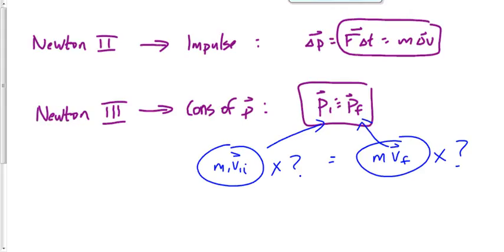Once you get to this point, except for the signs, positives and negatives, it's actually pretty easy. Remember I told you about that written response test that you're going to have several weeks down the road? And I said when you're going to use impulse on that test, you've got to be careful that you're analyzing one of the objects.